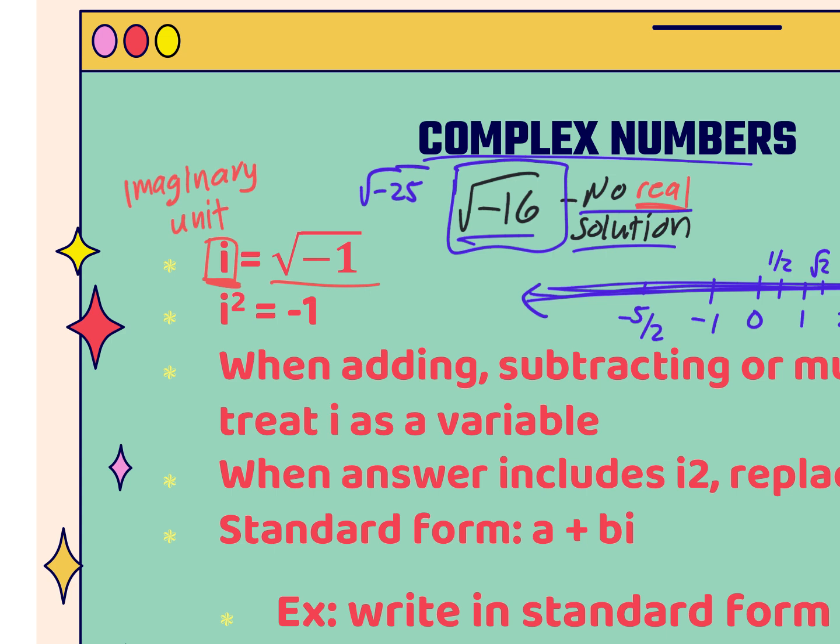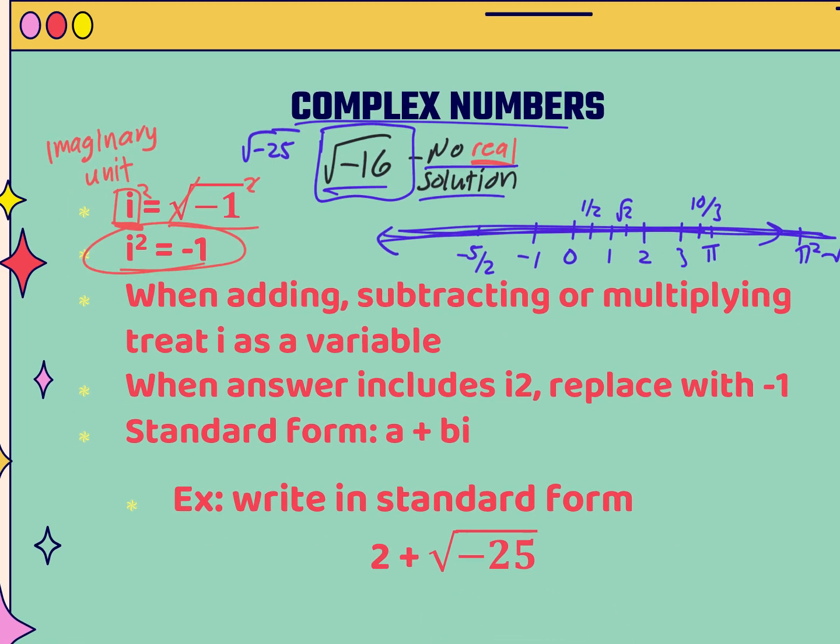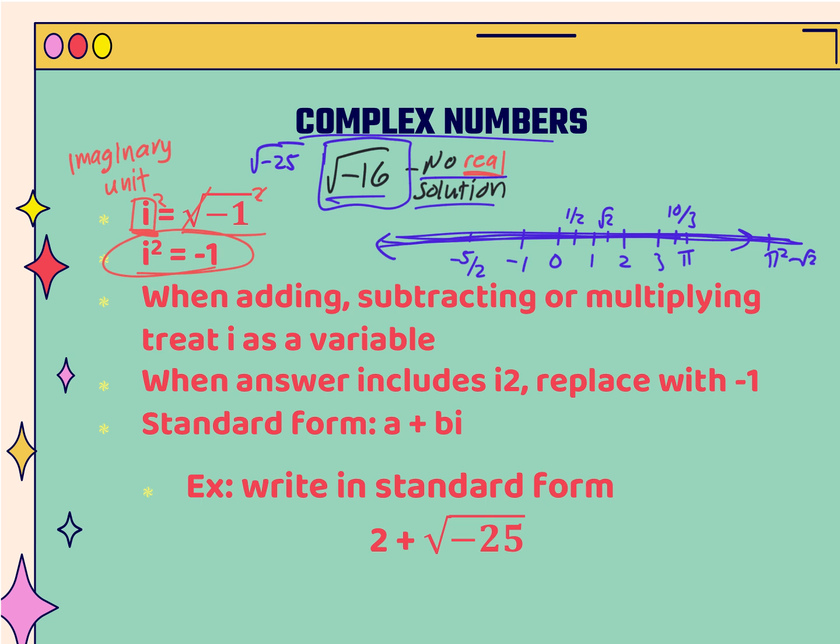And of course, the natural next step from that is if we square both sides of these. You can think of it like the square root and the square cancel out, and i squared is -1. We're going to deal with adding, subtracting, multiplying and dividing in this video.